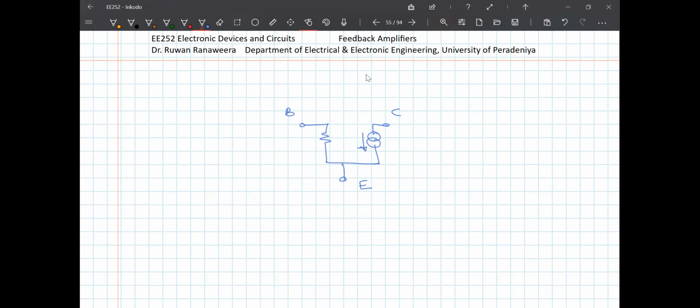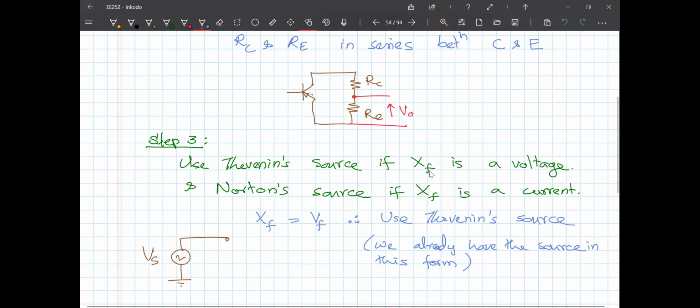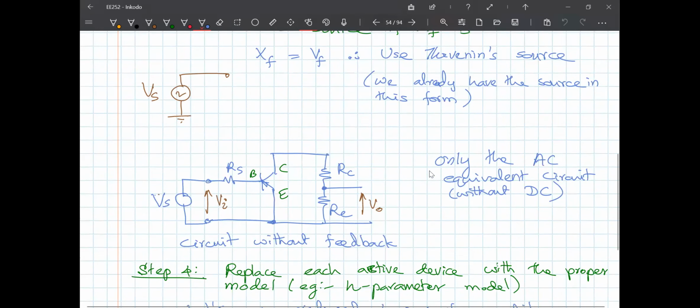Remember, this is HIE, this is HFE times II. So that's my transistor. In this circuit, I only have to change this part here. The rest of it will be the same.